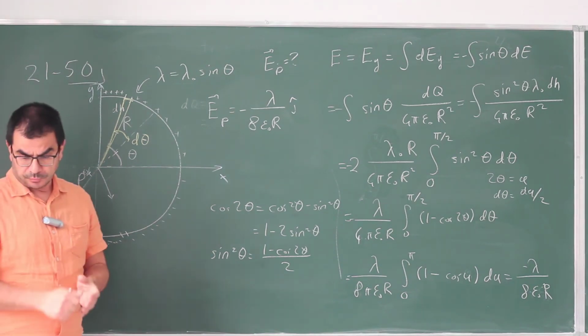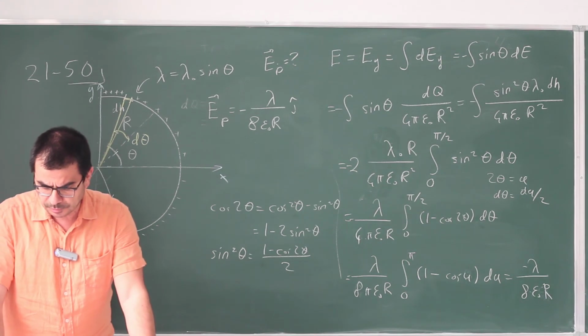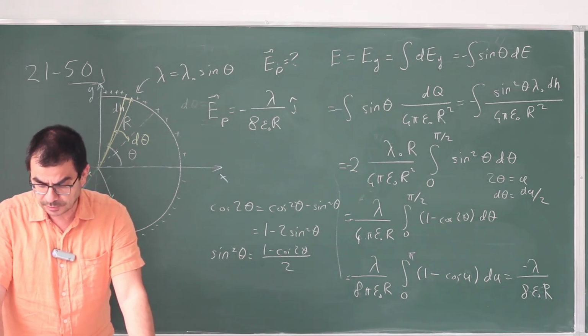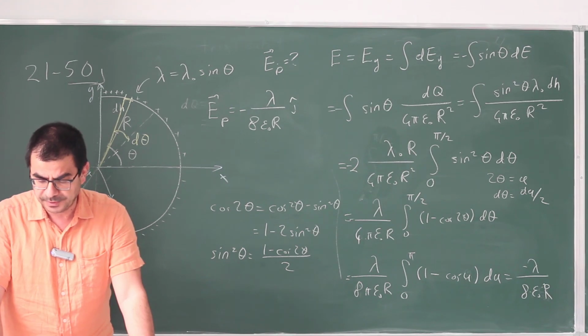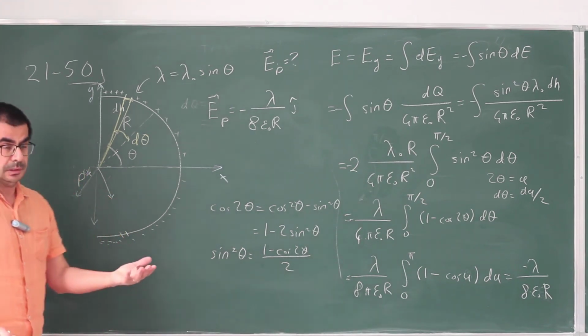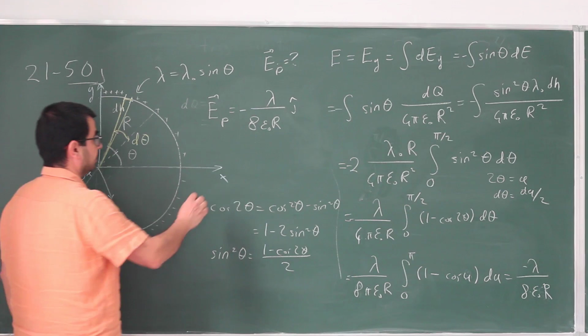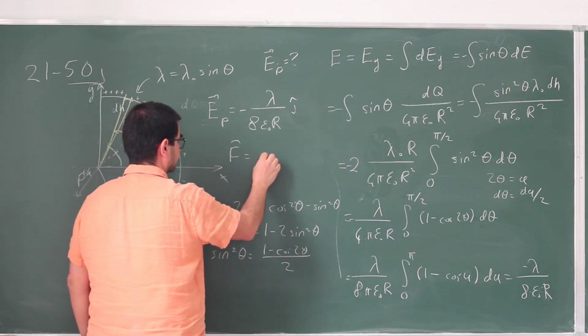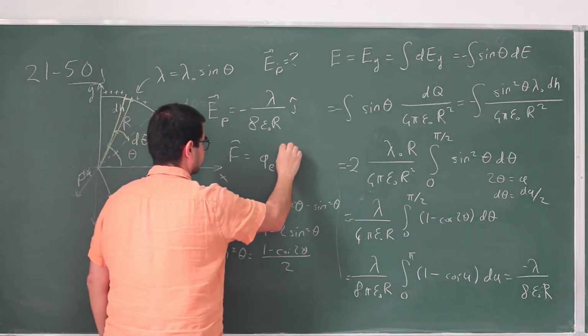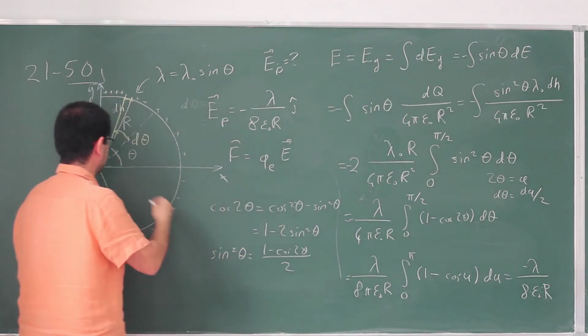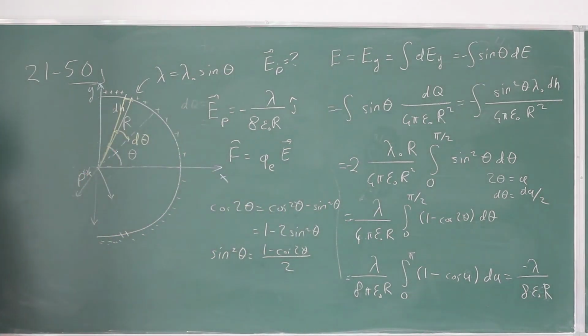Right. So for part B, they're asking us to determine the acceleration, magnitude and direction of an electron placed at point P, assuming r equals 1 centimeter, and lambda naught is 1 microcoulomb per meter. So you just calculate, the force is going to be just charge of the electron times electric field. This is negative, so it's going to be an upward force over there.